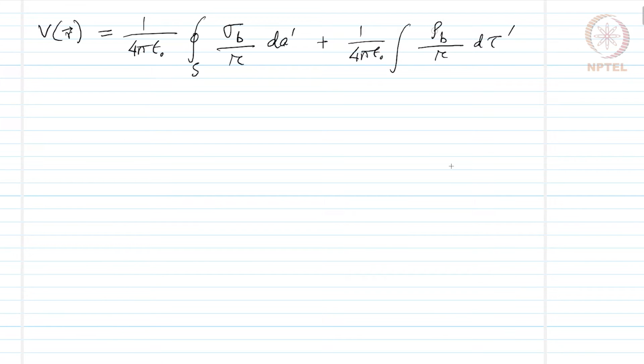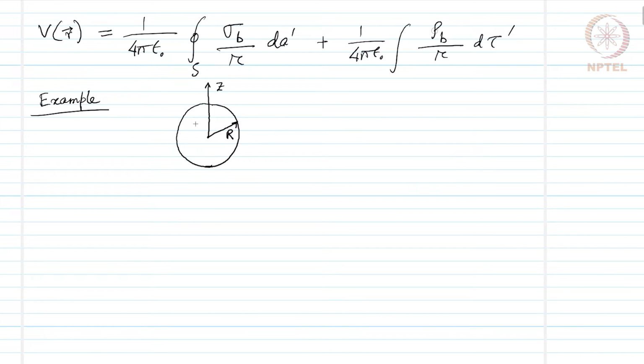Let's consider an example for finding the bound charges in a system. Let's try to find the electric field produced by a uniformly polarized sphere of radius R. We have a sphere here of radius R, and this is the z axis.